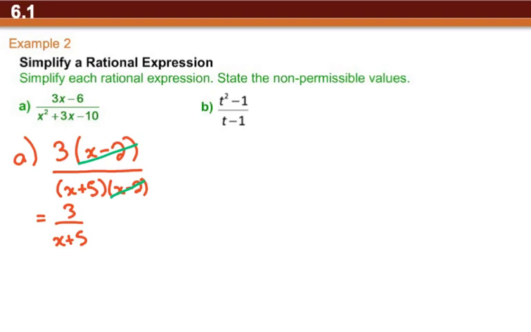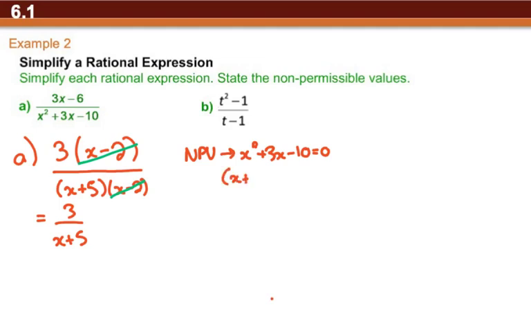The second part of the question says state the non-permissible values. So just as we did before, I'm just going to call them NPVs just to shorten it up. We take the denominator, we make it equal 0. This being a quadratic, we have to factor it, and lucky for us, we've already factored it once.